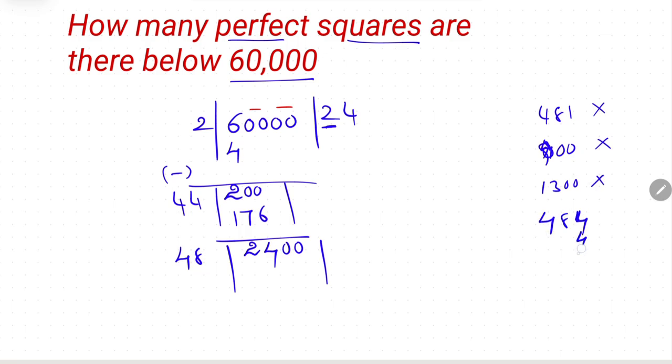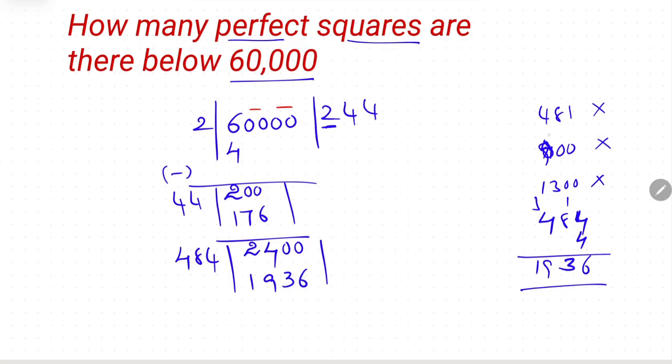So 484 into 4 we are checking. 4 4s are 16, 4 8s are 32 plus 1, 33. So 4 4s are 16 plus 3, 19. So we have 1936.